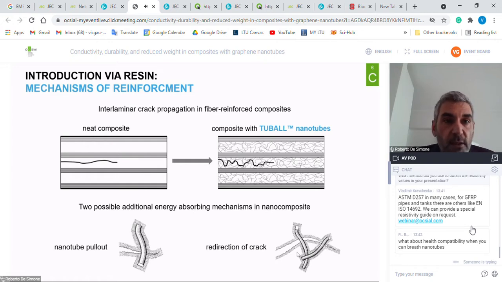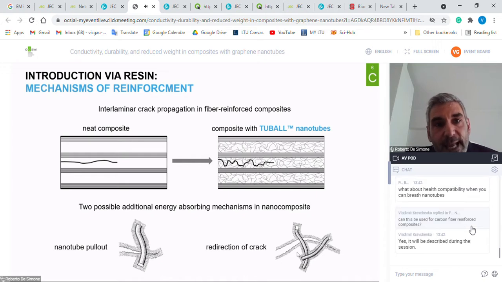On the left side of the slide, you can see the propagation of the crack inside a neat composite without Tubal. On the right side, you can see that Tubal can build inside the matrix, the resin system, a 3D network that stops the propagation.